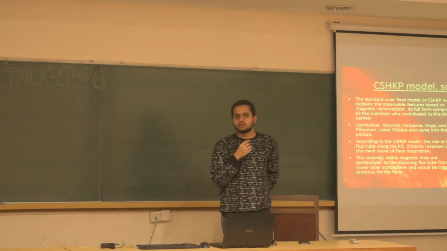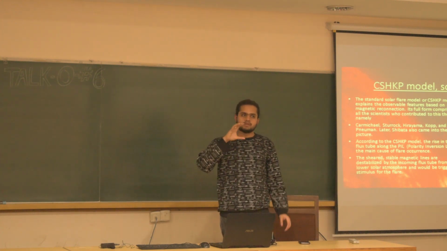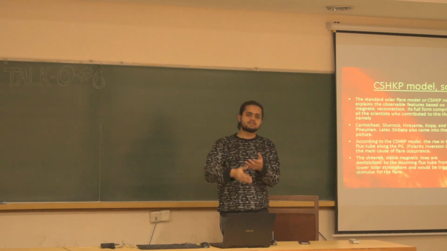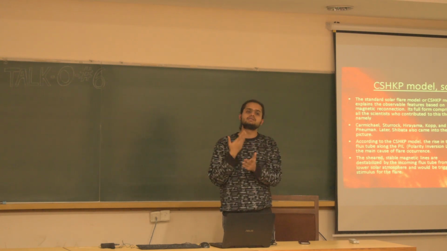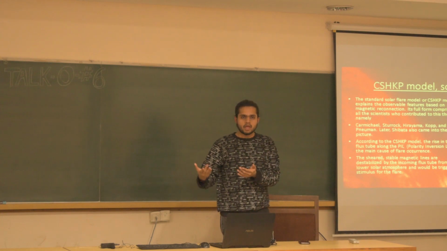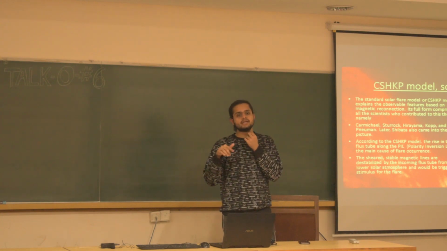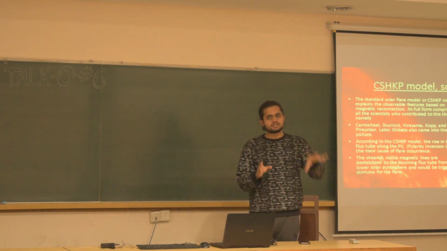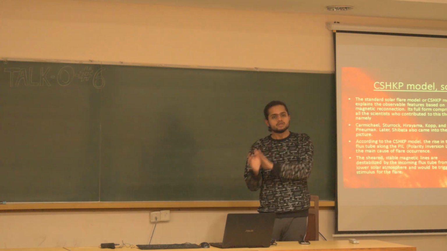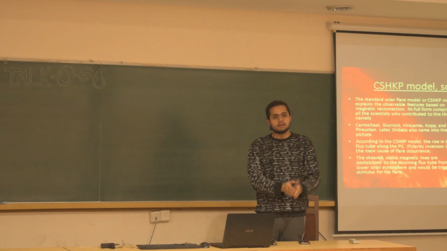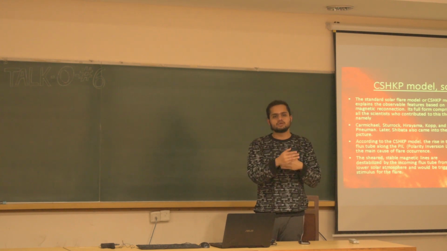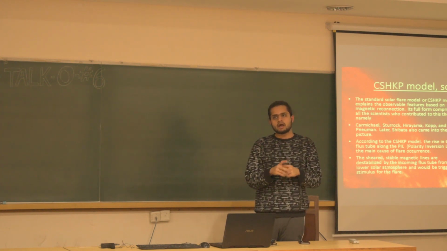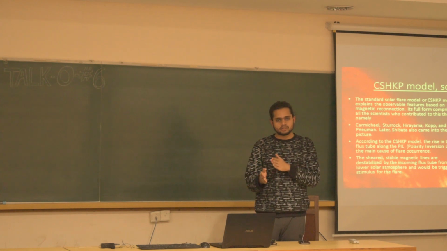I wanted to show you that whenever there is a flare occurrence, there is obviously a change in intensity. Those intensities are observed by AIA, and after we have observed the change in intensity, we have an idea that in this region there will be a change in magnetic field also. So we take the data from the HMI, observing the magnetic field of that patch.